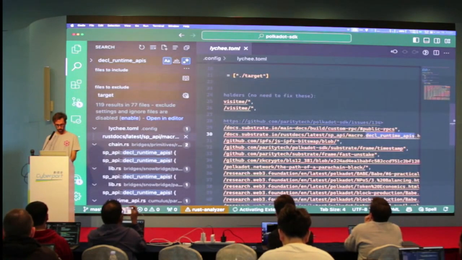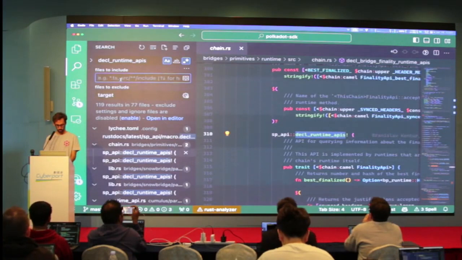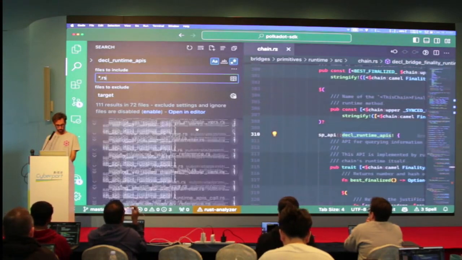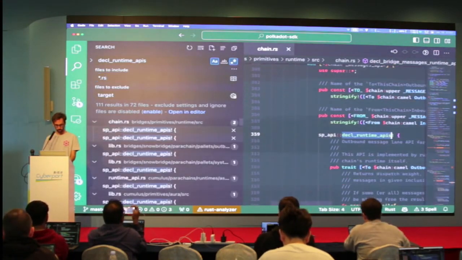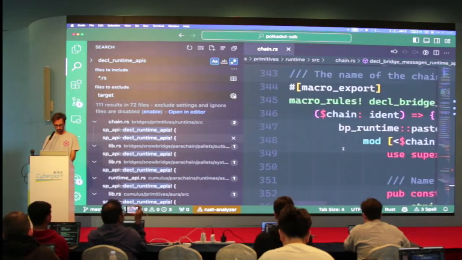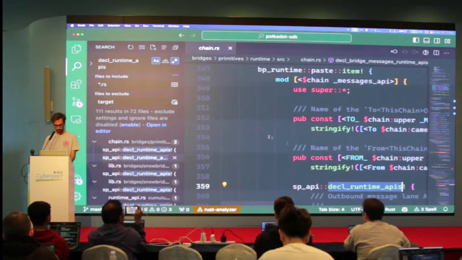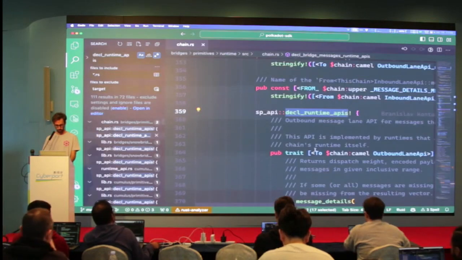So you see there's like, and let's search only in .rs files. And there's a lot of instances of this, but if we just like, okay, it's kind of hard to fit it, but a bit smaller.